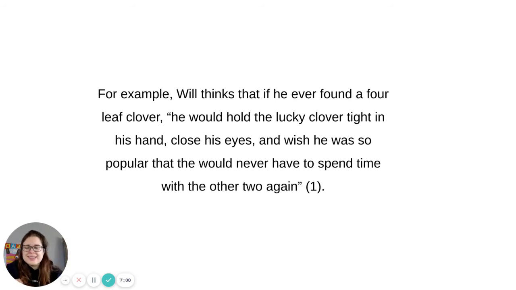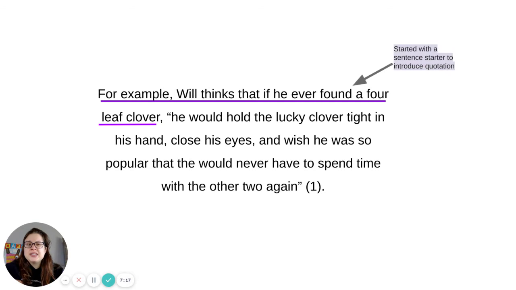Now, hopefully in this example, you already noticed some of the parts that I just talked to you about. In this first portion, the whole purpose of this part, for example, Will thinks that if he ever found a four-leaf clover, is just to introduce the quotation. So I'm not just plopping it in and walking away.